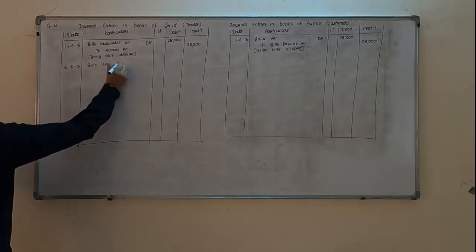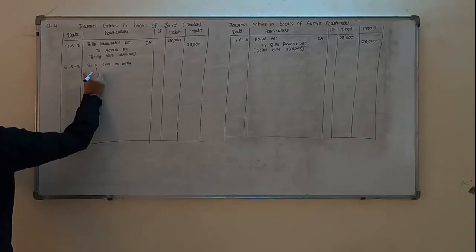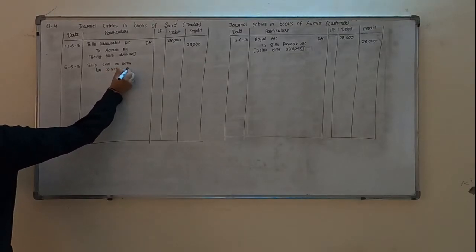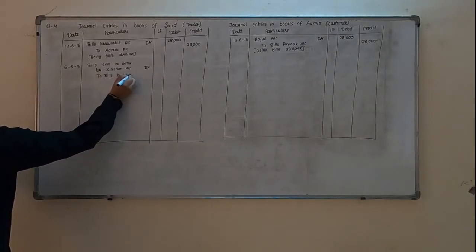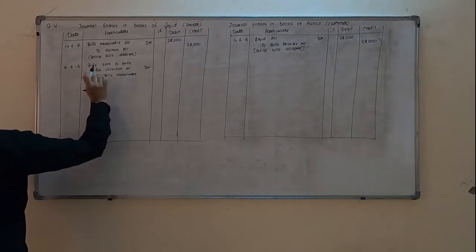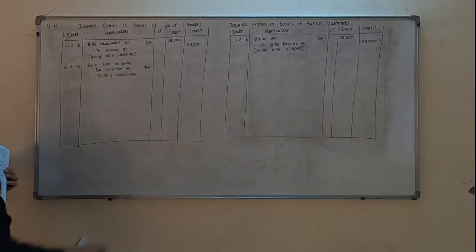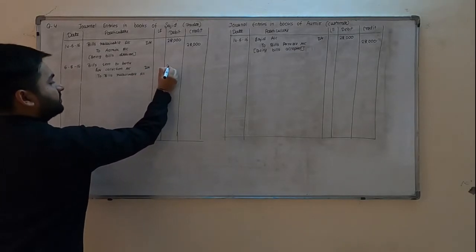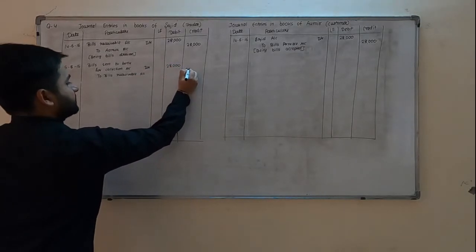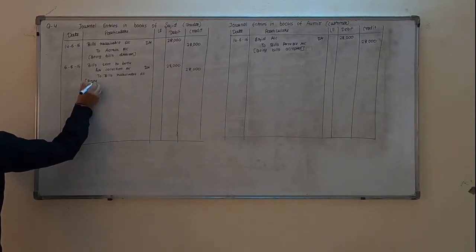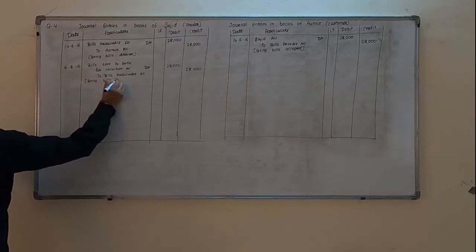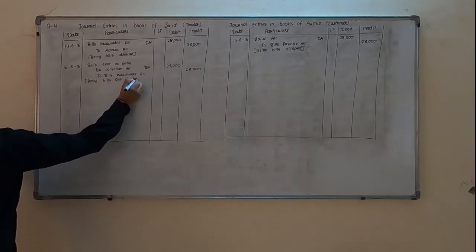Bills sent to bank for collection account debit to bills receivable account. Look at the name once. This name is important. The amount is the same, 28,000, and the narration will be being bills sent to bank.